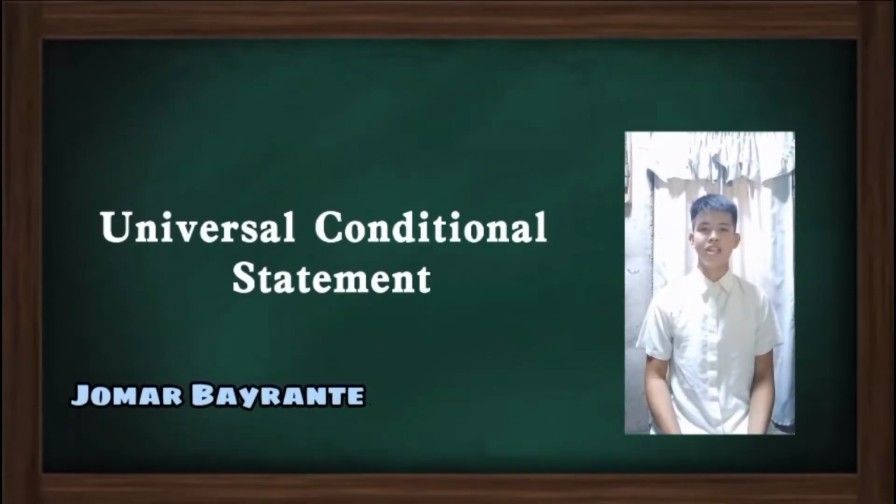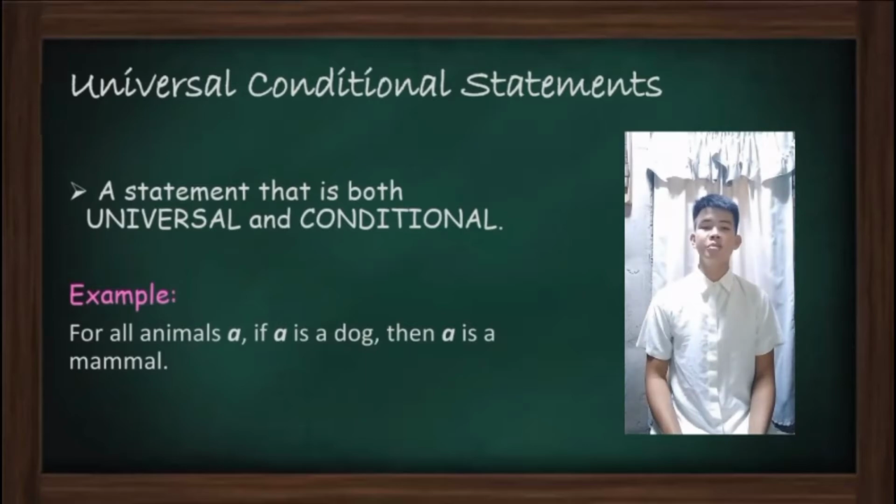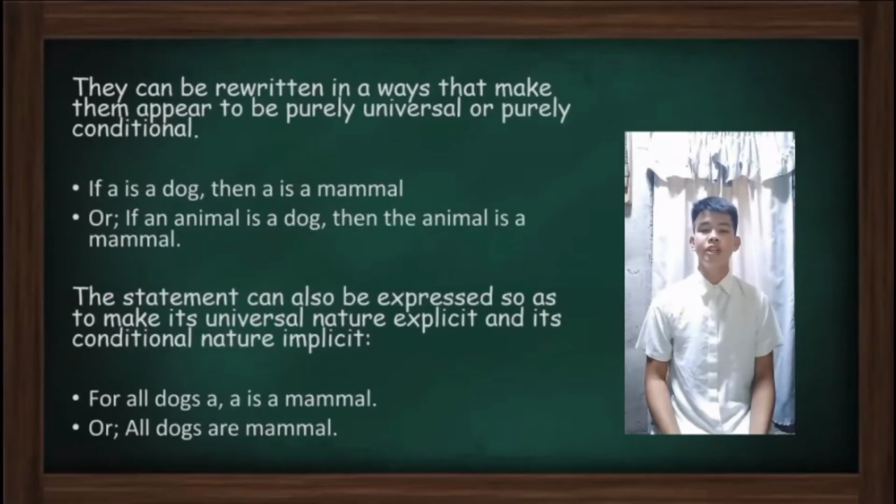Universal conditional statements. A statement that is both universal and conditional. Here is an example. For all animals A, if A is a dog, then A is a mammal. One of the most important facts about universal conditional statements is that they can be written in ways that make them appear to be purely universal or purely conditional.